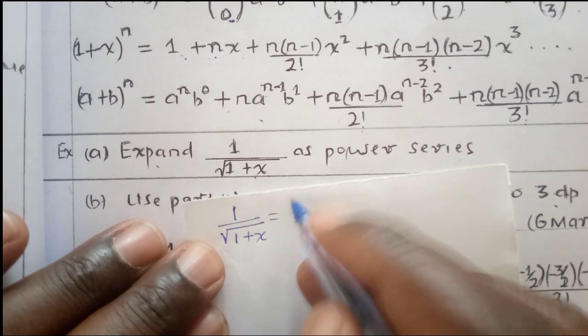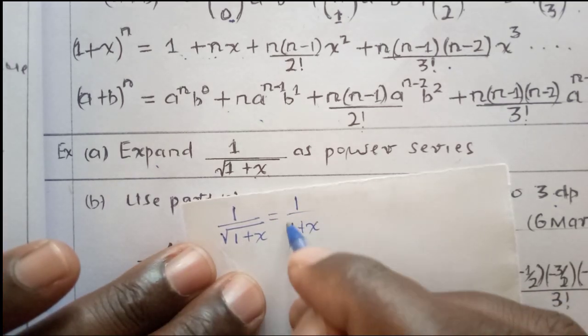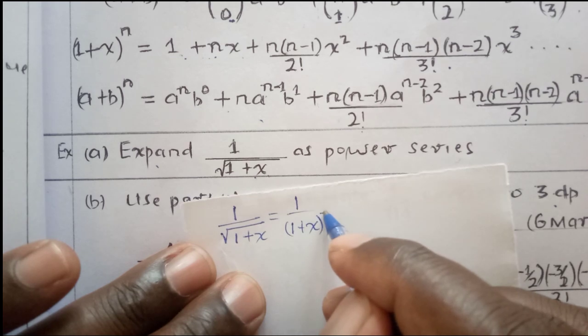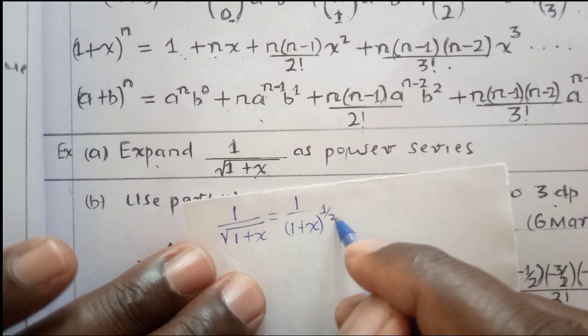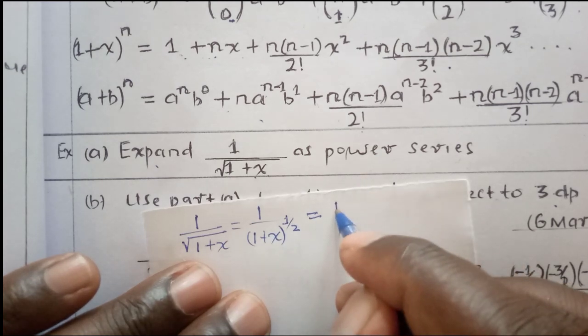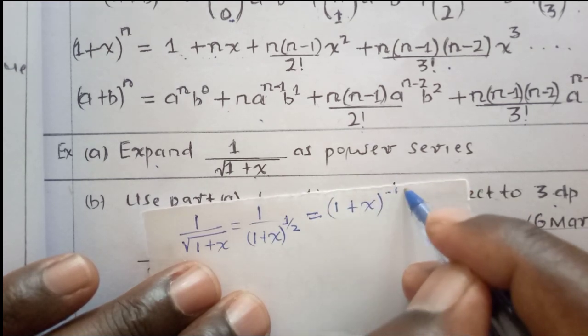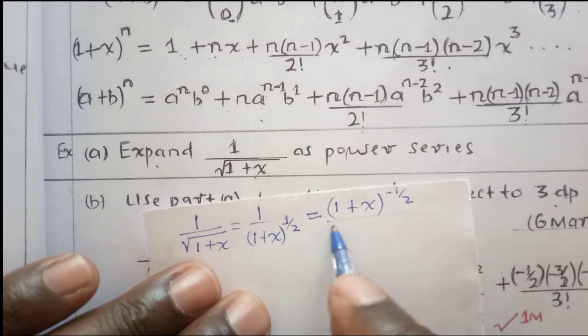This is equal to 1 over (1 plus x) raised to a half. If you bring it upward, it will be (1 plus x) raised to negative a half. And so this is what we are now expanding.